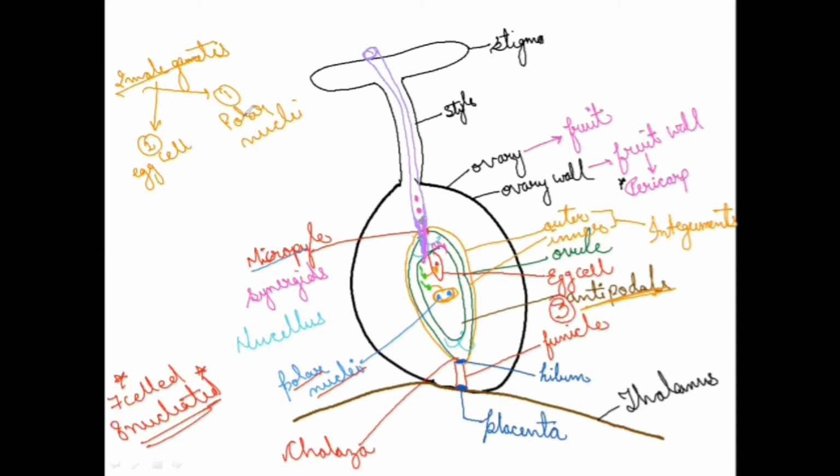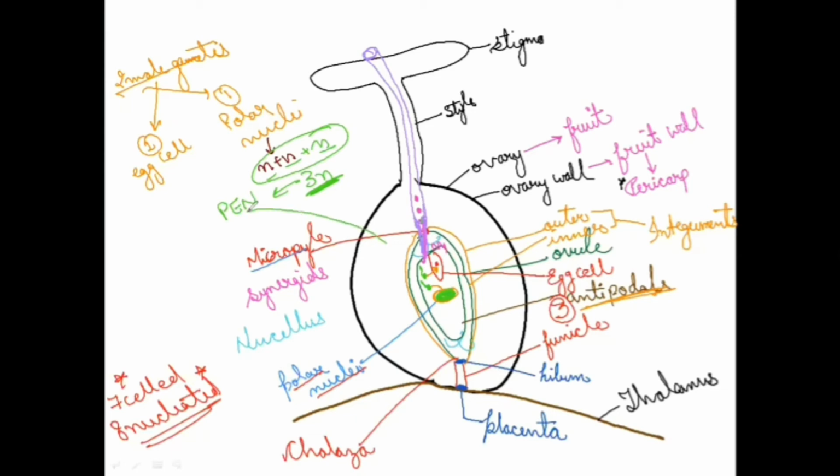Okay, now what happens? When the polar nuclei, meaning two polar nuclei are there, haploid plus haploid, again one male gamete is going to fuse with these polar nuclei. So what sort of structure is formed? N plus N plus N, 3N. So remember, by this fusion of the polar nuclei and the male gamete, a triploid structure is formed, which is known as PEN.